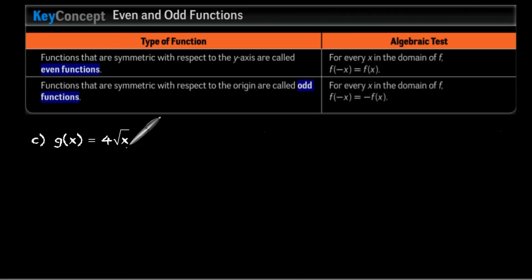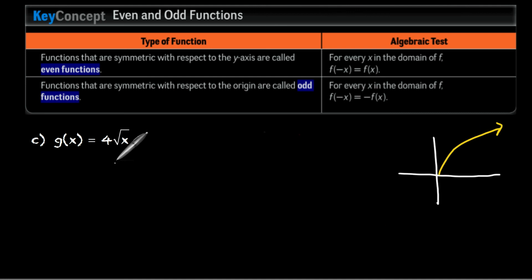Okay, last example here is 4 times the square root of x. Now, if you know anything about what this graph looks like, you can tell immediately that this does not have any symmetry. This is just a square root function, looks like this. It has no symmetry at all because there's nothing over here to the left, so it doesn't have symmetry that's even, and there's nothing over here, so that's not odd, but we have to prove it.